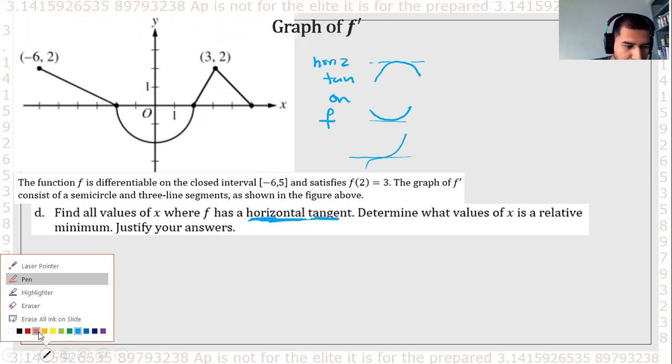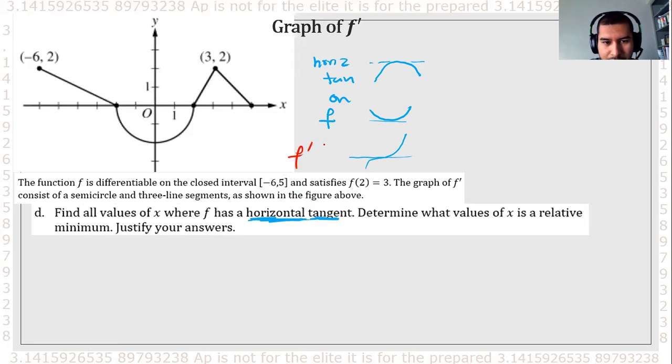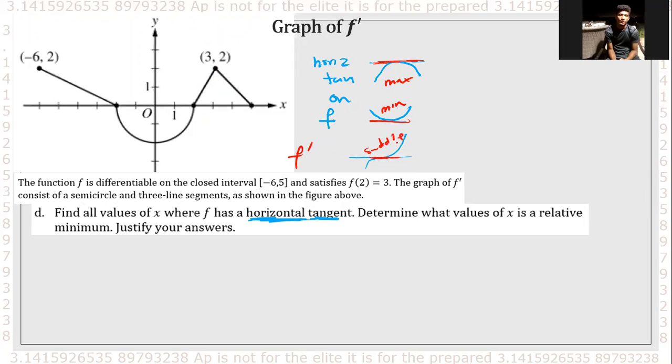Because its derivative, f prime, has to be 0. Its slope has to be 0. So that only works when it's at a max, min, or saddle point. Given what you know, how do I find out when I have a max or a min?